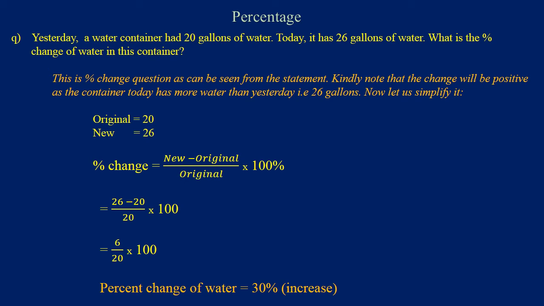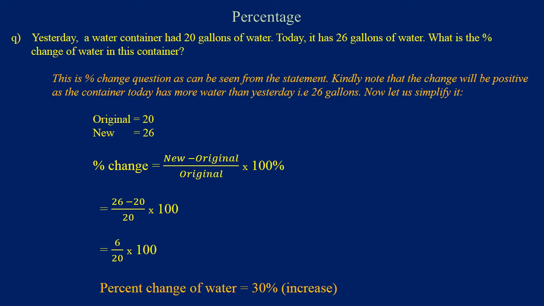So our original value is 20 and our new value is 26. If we enter these values in the formula, we're going to get 30%, which is an increase, right? Now, if questions like these appear on your GRE test, kindly note that if you have to select an answer from a multiple choice question, you're going to pick your answer with a positive sign or no sign.